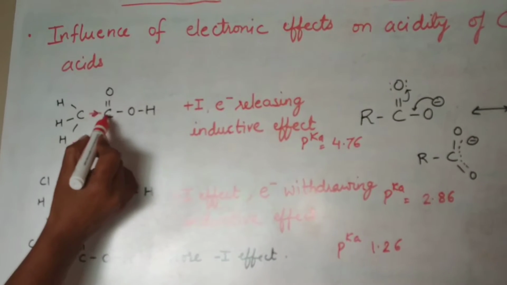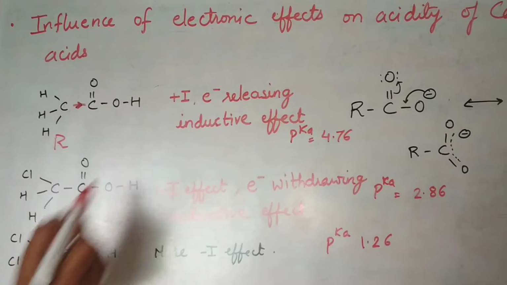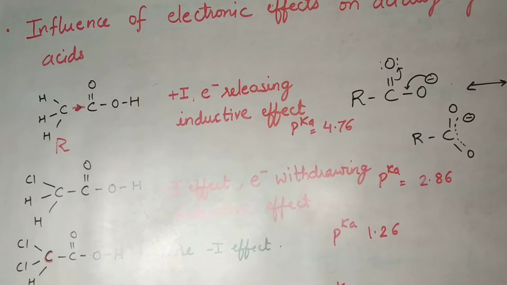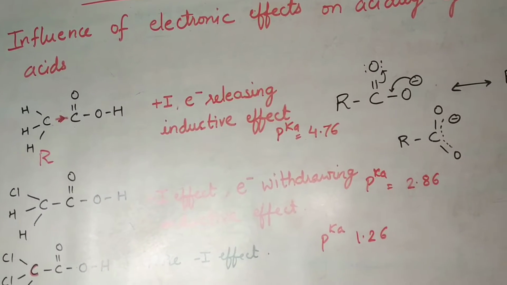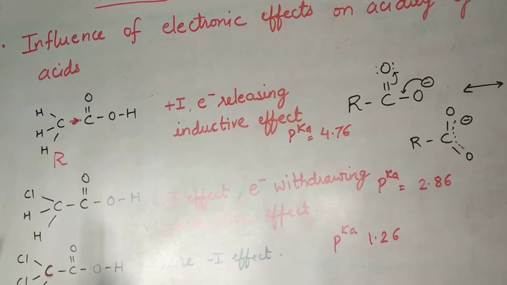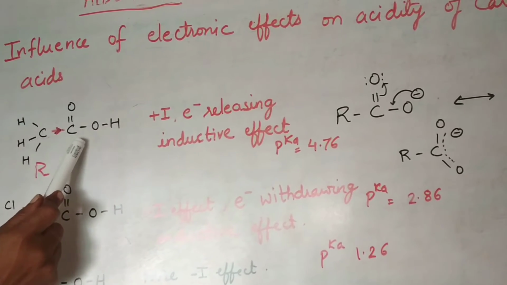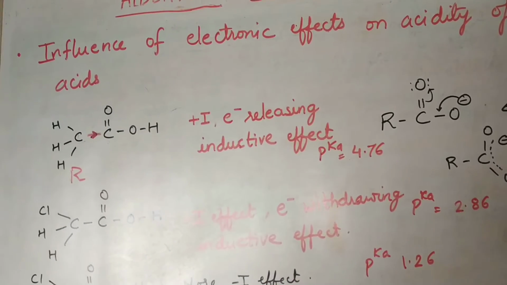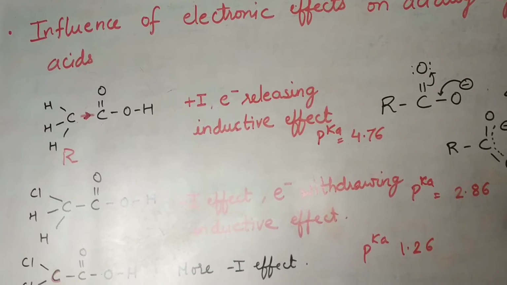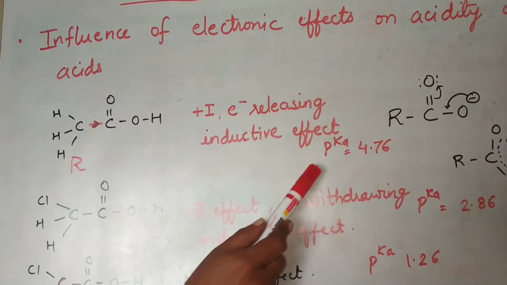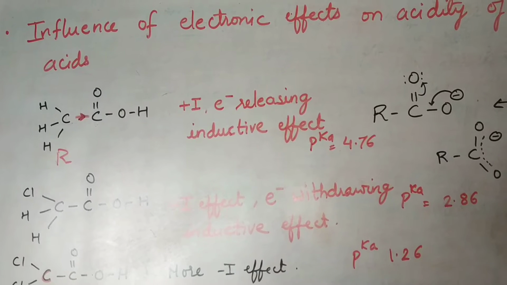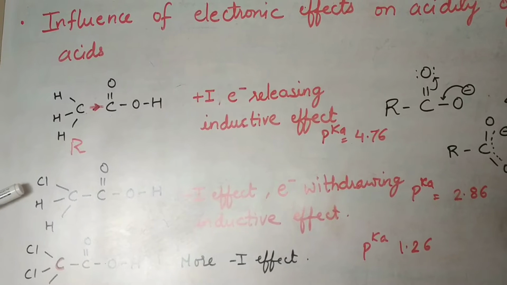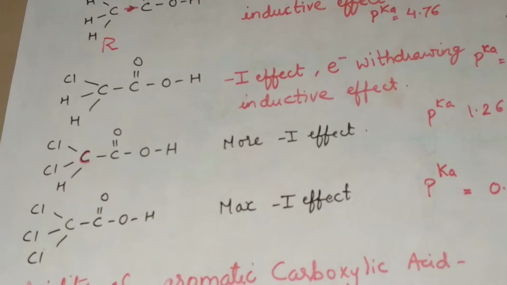This will release electron towards the carbonyl carbon, and like that here there is plus I, that is electron releasing inductive effect present here, and the conjugate base which is formed by loss of hydrogen, the conjugate base with a minus charge, is not stabilized perfectly, and it has its pKa value 4.76.